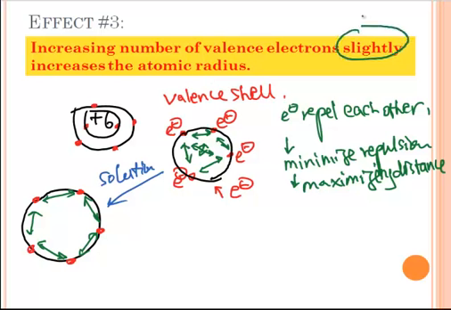Now for the circular plot, plus 17, 3 rings, with 2, 8, and 7 electrons. By gaining an electron, you'll now have 18 electrons.